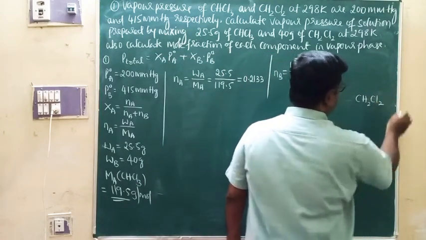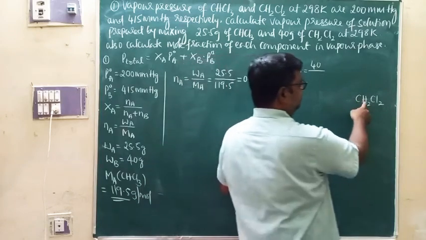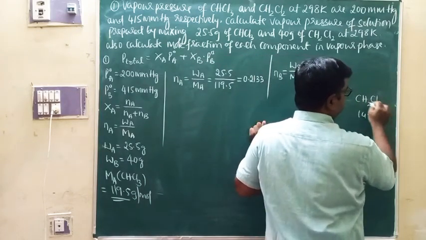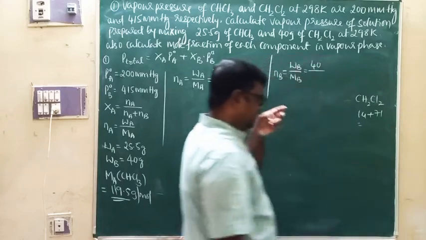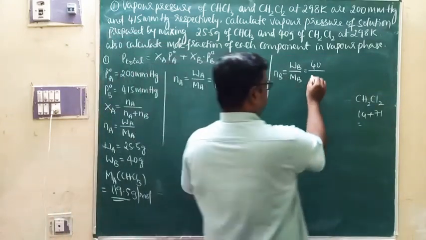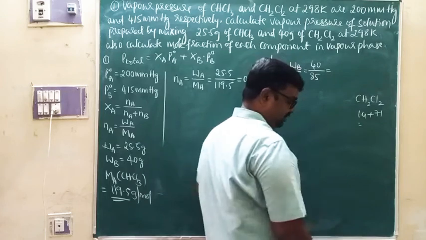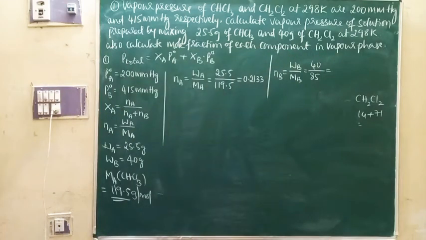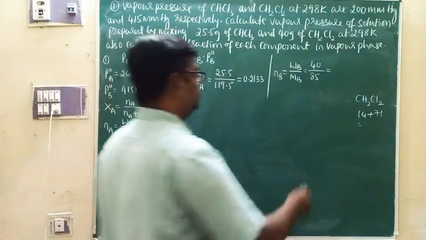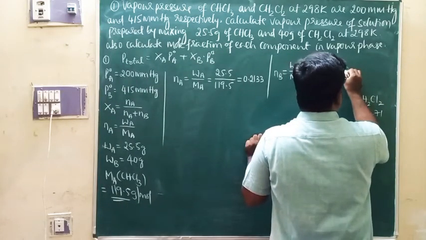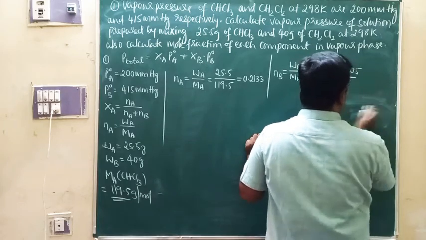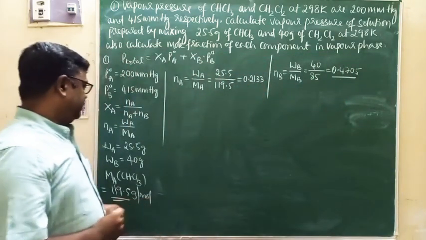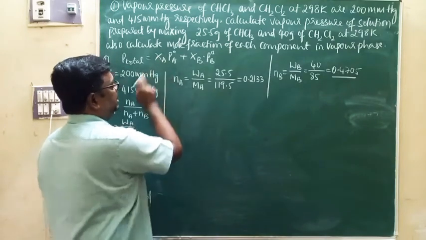That is CH2Cl2, carbon 12 plus 2 is 14, plus 71, it comes out to be 85. So it is 40 divided by 85, which comes out to be 0.4705. This is the number of moles of dichloromethane. Now, of course, I want the mole fraction of A.